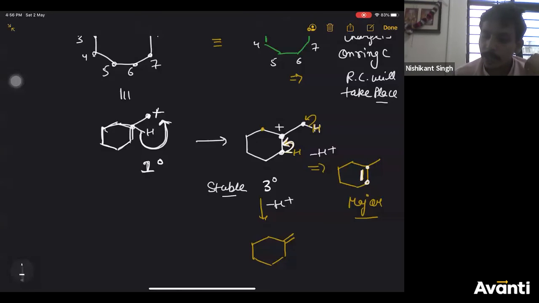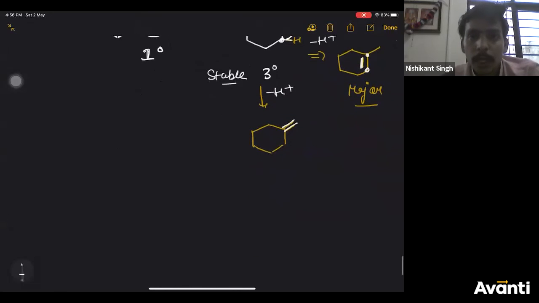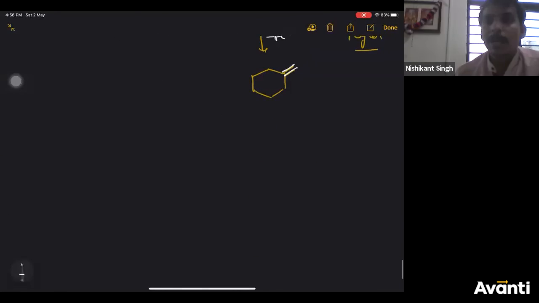Remove H plus from here, you'll get negative charge here. Positive and negative will form a bond. So I hope it is clear now, Kayuri. Kayuri, I hope we have understood this now. Kayuri, Aishwarya, everyone. Right. Now this is all about your dehydration of alcohol.